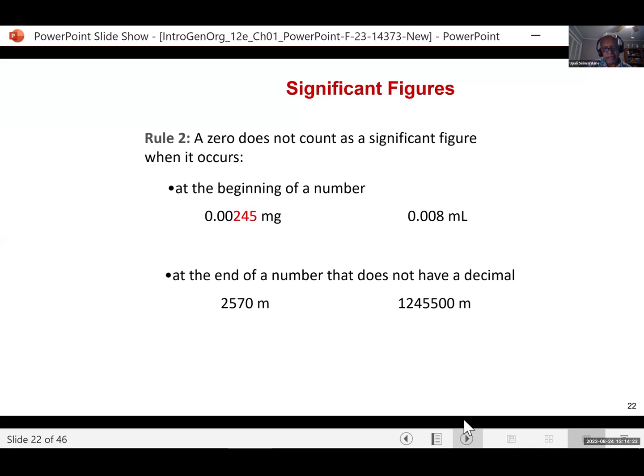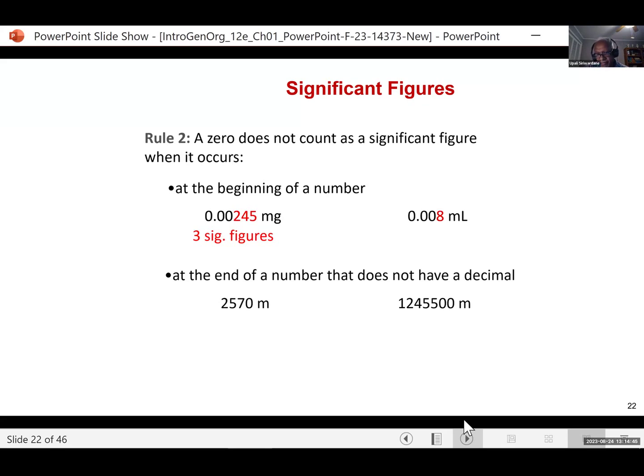There are 3 zeros at the beginning of the number. They don't count. That means leading zeros are not significant. So those zeros don't count. Therefore, significant figures in the measurement is 3.